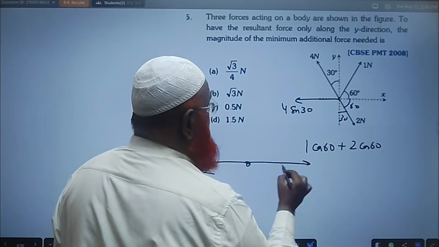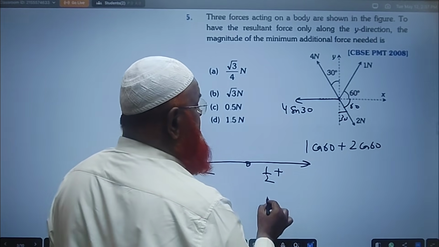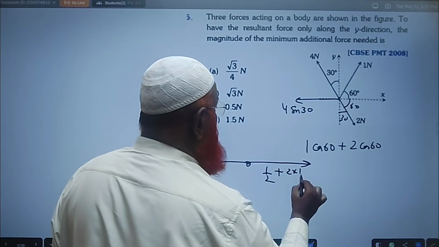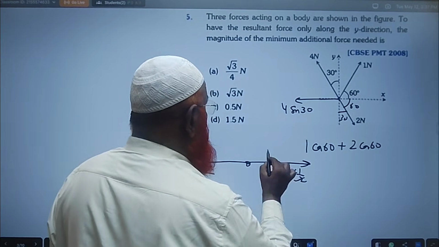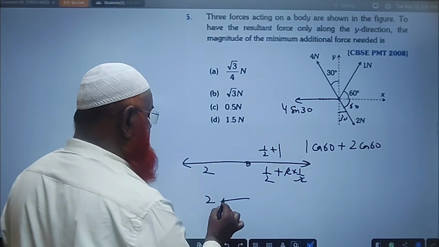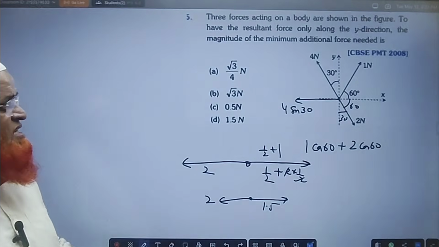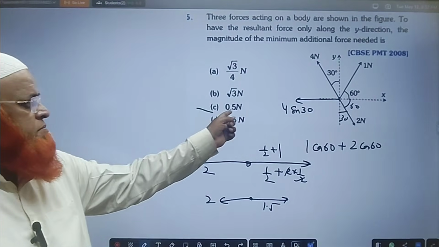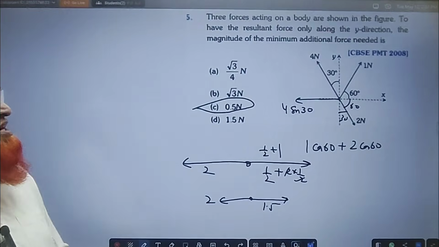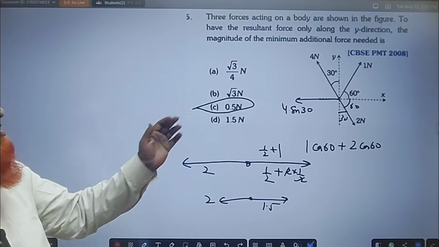Now see what forces are on the right side: 1 into cos 60, that is 1/2, plus 2 into cos 60, that is 2 into 1/2. So what is there on the right side? Half plus 1. The left side is 2 and the right side is 1.5. Understood or not? What is the resultant now? 0.5. The difference is going to be the resultant. So the magnitude of the minimum additional force needed is 0.5.